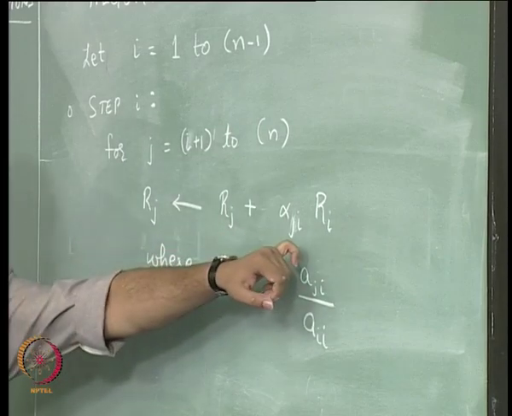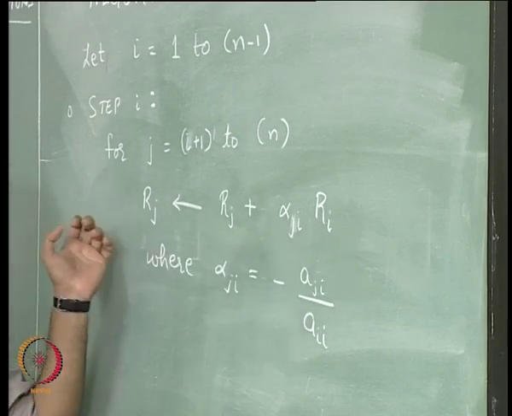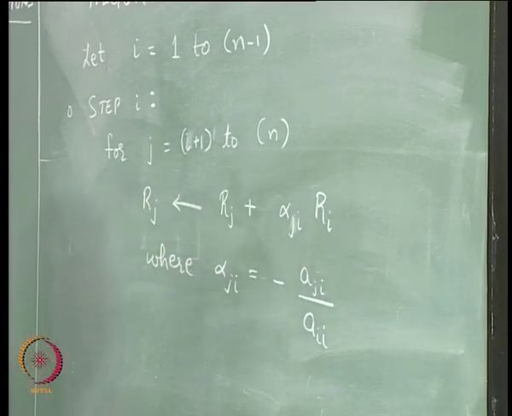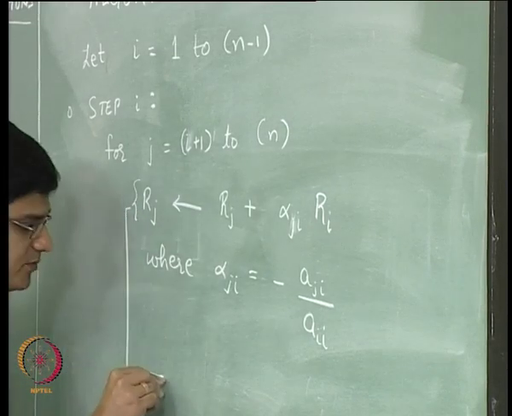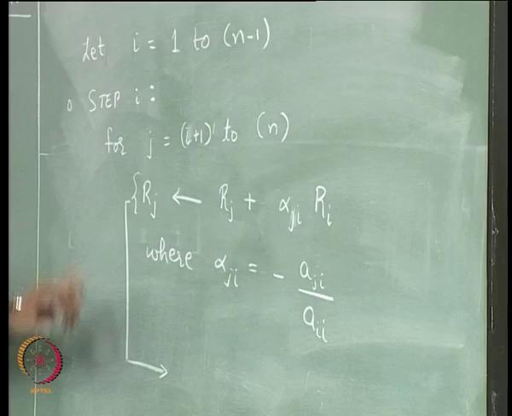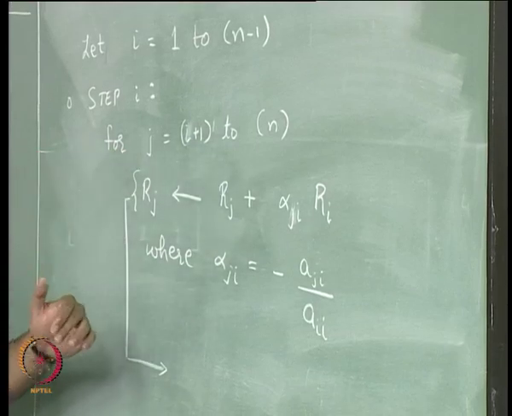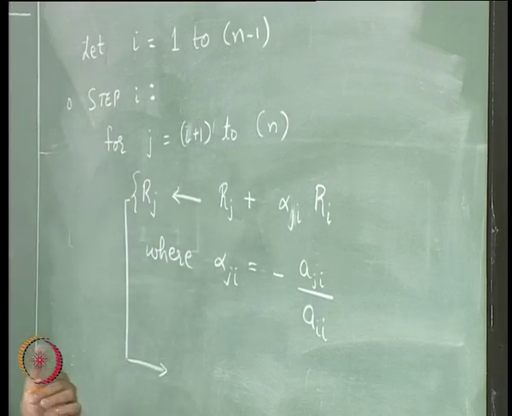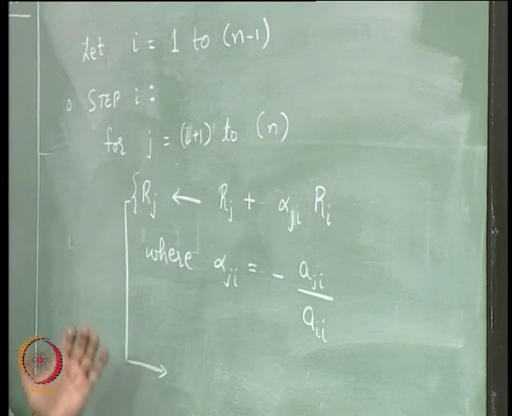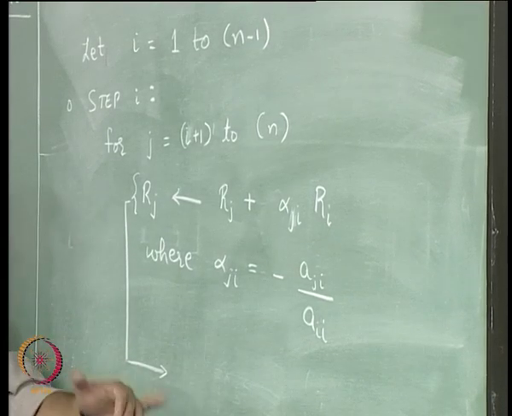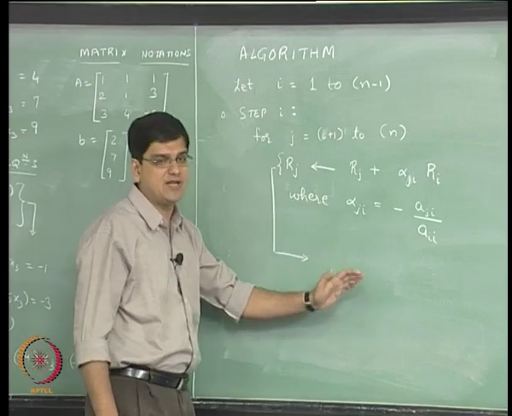Keep in mind this is not one single operation, but this itself involves multiple operations. If we were to expand this operation, Rj is the jth row. In the jth row, for the first column we will have 0, second column we will have 0 and so on up to the I minus 1th column.